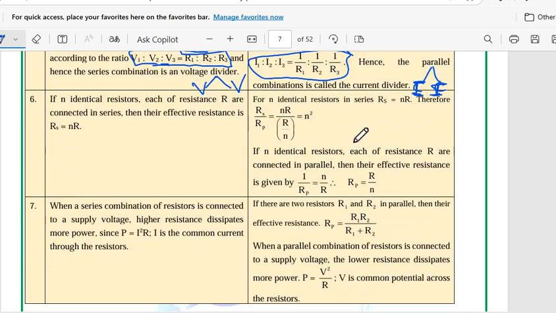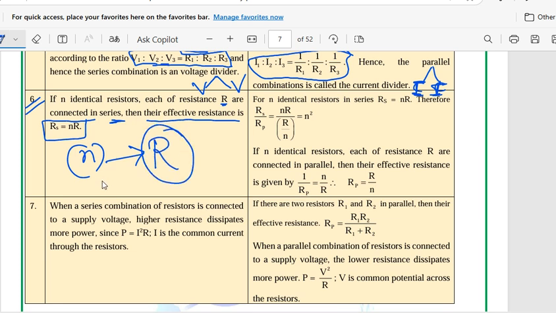Sixth one. If n identical resistors, each of resistance R, are connected in series, then their effective resistance is given like this. If you consider n number of resistors in series combination, Rs is equal to n into R. So for n identical resistors in series, this is the result.